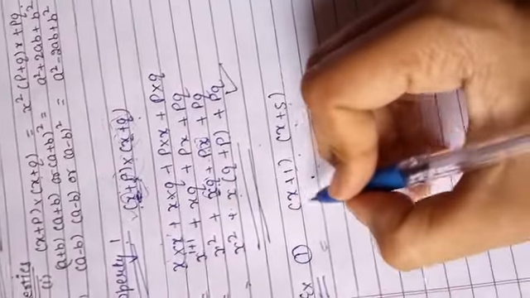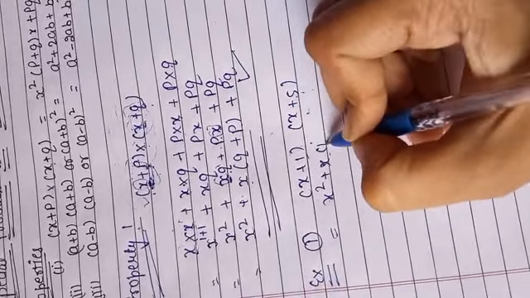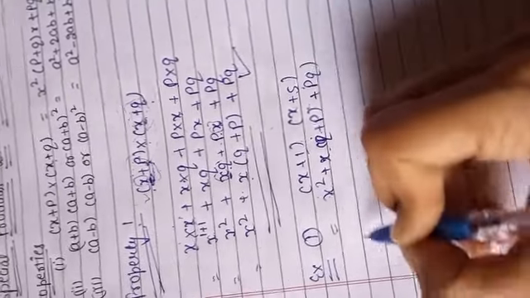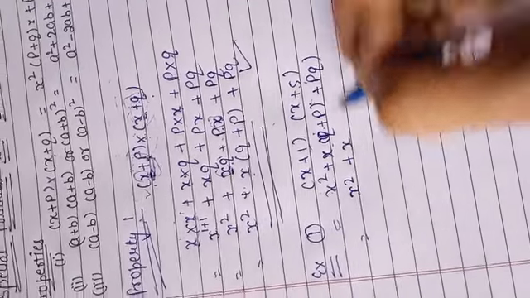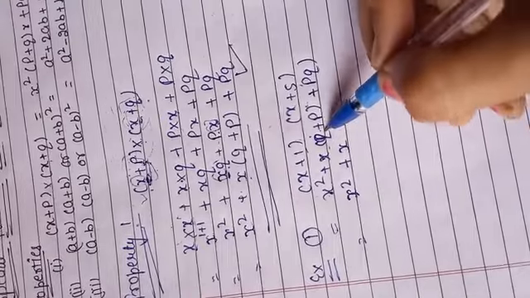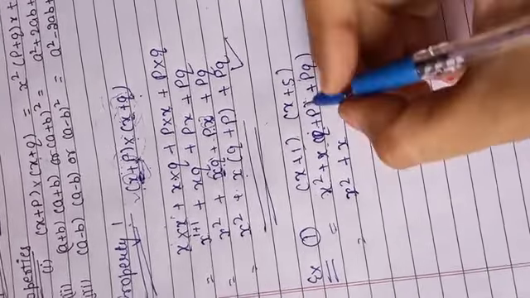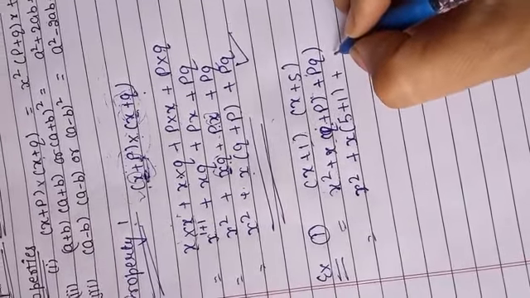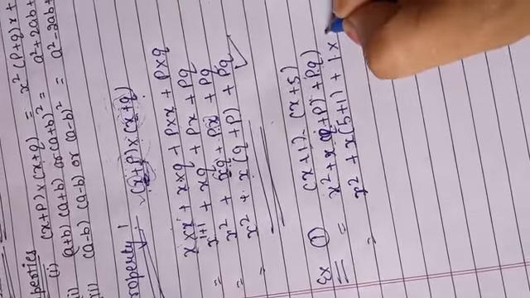So what is the equation? x square plus x multiply q plus p, plus pq. So here it will become x square plus x as it is, and the value of q is 5 and the value of p is 1, so 5 plus 1, plus p into q, means the value of p is 1 but the value of q is 5.